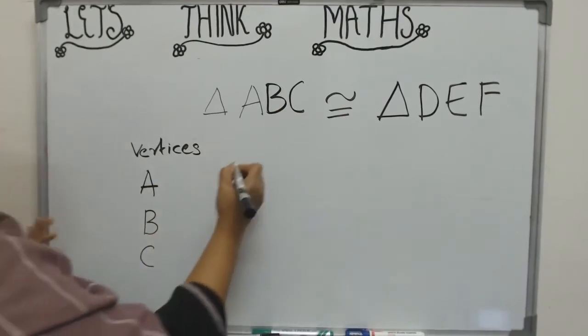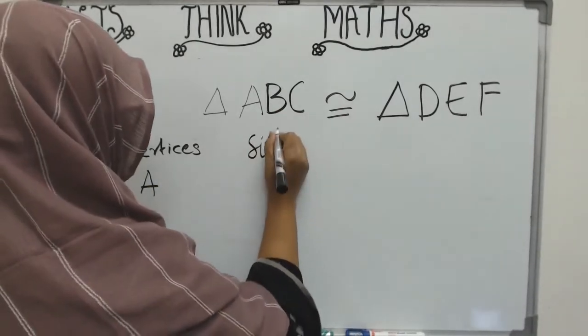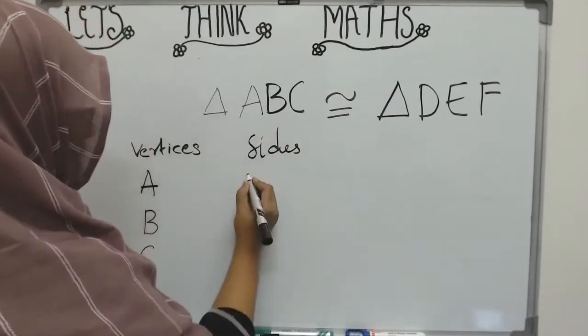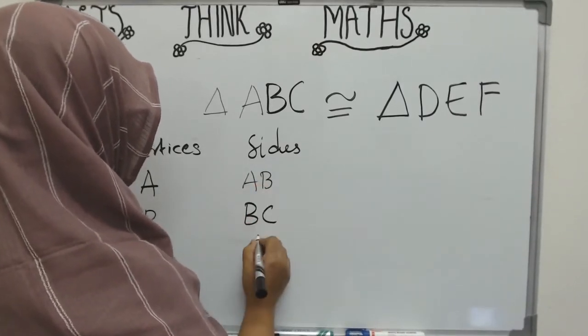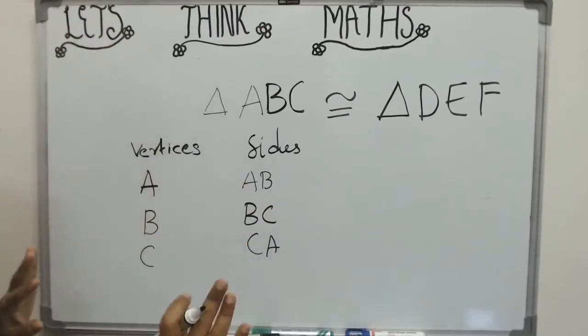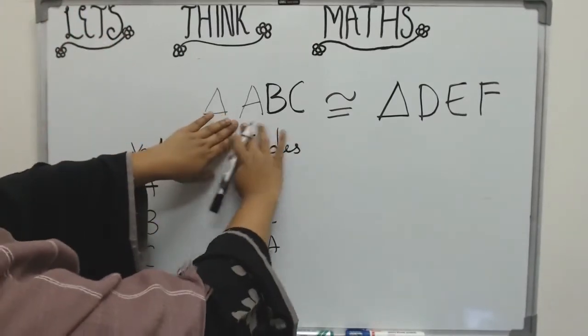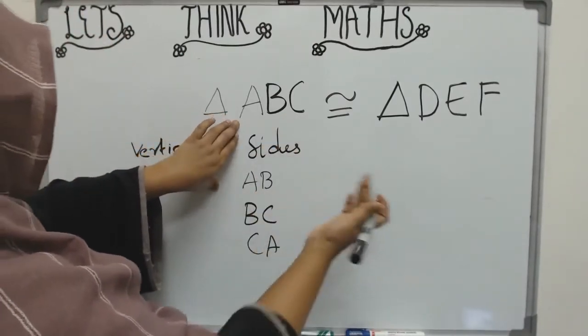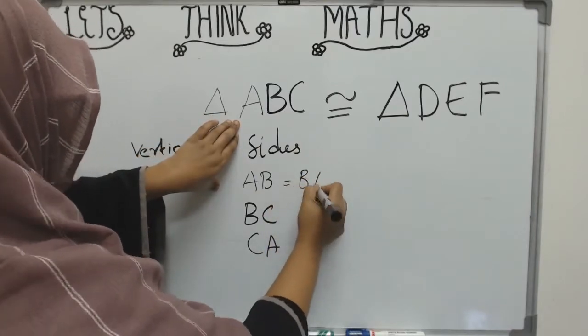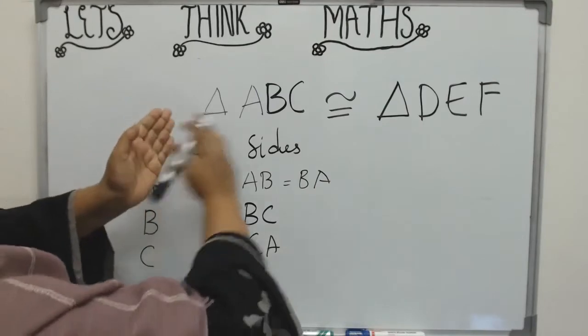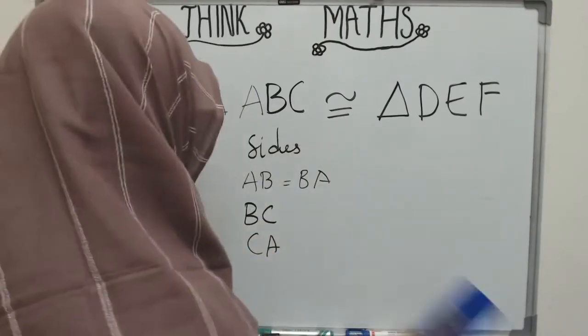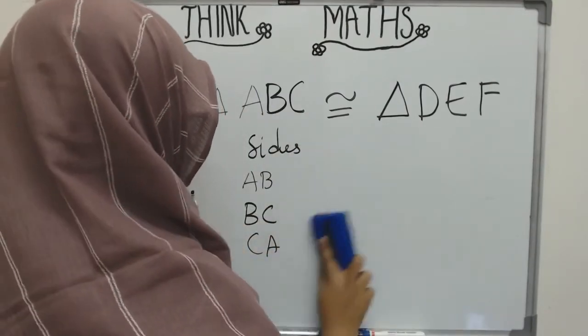And next, how many sides does it have? Again 3 sides, AB, BC, and CA. Please notice that I have written it in order. Whether you write it as AB or BA, it is all the same. But it is always better that you stick to the order, because that will help you avoid mistakes.